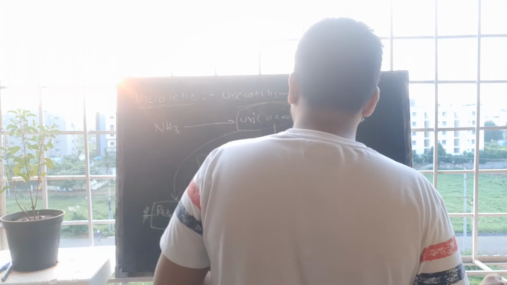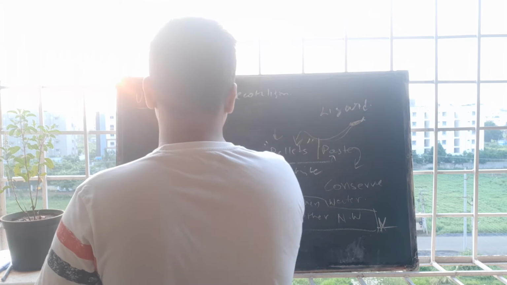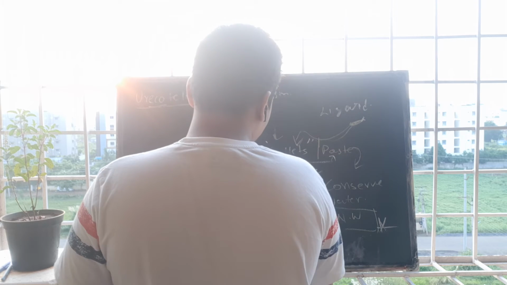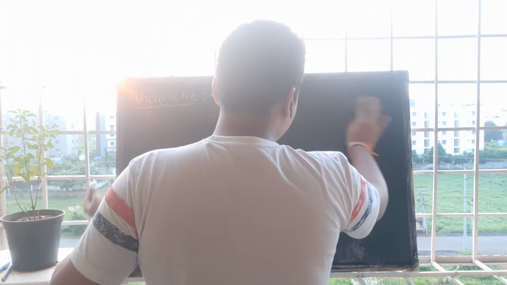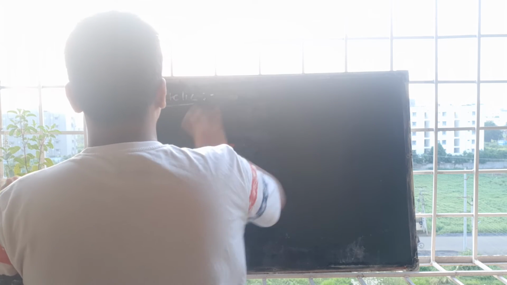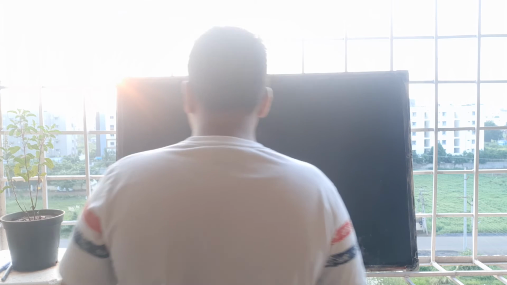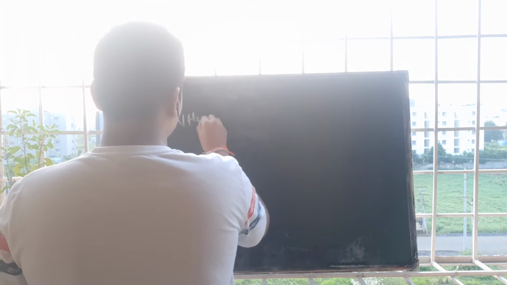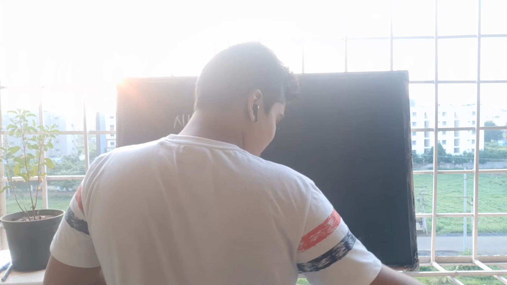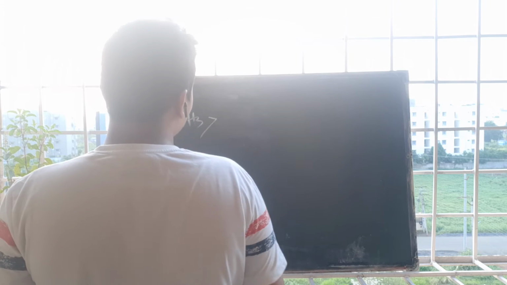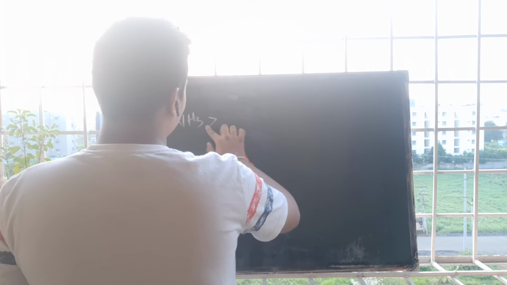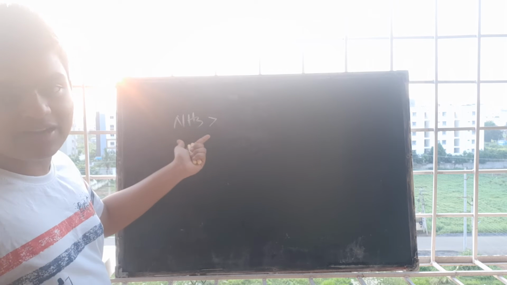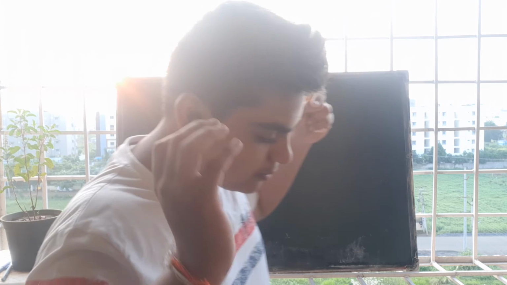Now let us make a comparison between the amount of water required for ammonia, urea and uric acid, in decreasing order. Ammonia, NH3, requires the most water.